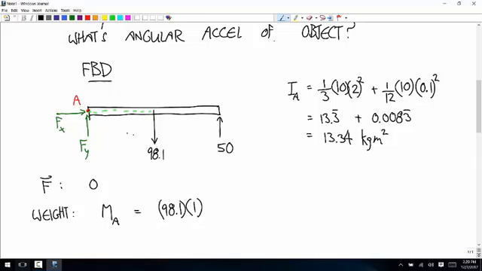If you applied this force and it was the only force applied, would it make it rotate clockwise or counterclockwise? It would make it clockwise, yep. If you applied this 98.1 newtons force there, and the axis is here, this force would make it rotate this way. So it's negative. That's because it's clockwise. So negative 98.1, and the units are newtons times meters.